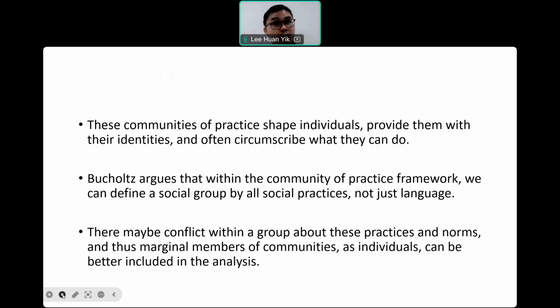You have a Facebook group where all of you are grouped together in a community of practice, for example. That defines your social group. You socialize together, and the social practices determine which community of practice you are in. So it's not just the language that you speak. Of course, there are sometimes conflicts, and sometimes you're included, sometimes excluded. So the inclusion and exclusion criteria are important here.